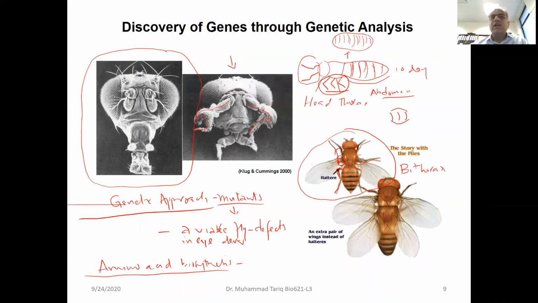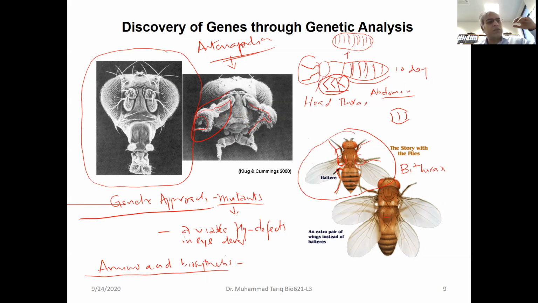Or you did this screen, you characterize whether this mutation, this classical mutation is called antennapedia. The phenotype was called antennapedia. Or this one was called bithorax phenotype. So you have to determine whether this phenotype is dominant, recessive, on which chromosome it is.